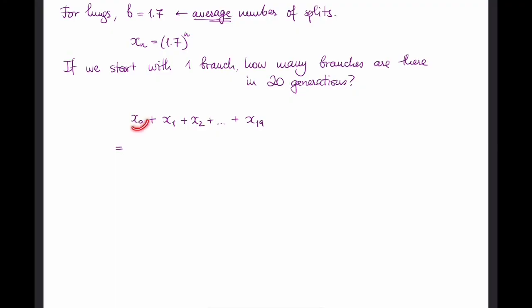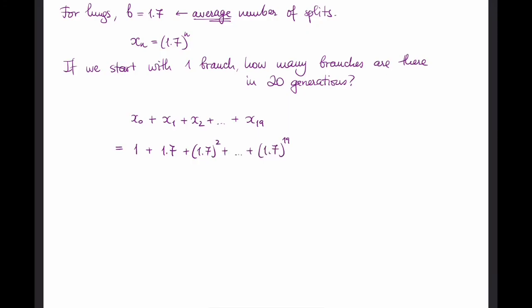Well, we know we started with 1 first branch, so this is our value for x naught, and then the rest of them follow this formula as well. Notice that this formula holds for x naught as well. If I plug in 0, 1.7 to the power 0 is simply 1. So for the 0th generation, I have 1 branch. The next one, I have 1.7. Then I have 1.7 squared, all the way up to 1.7 to the power 19.